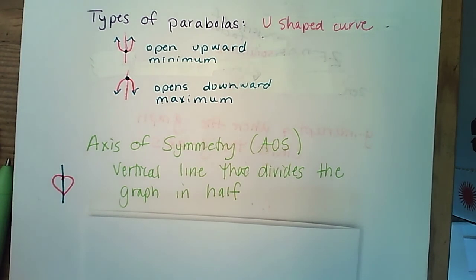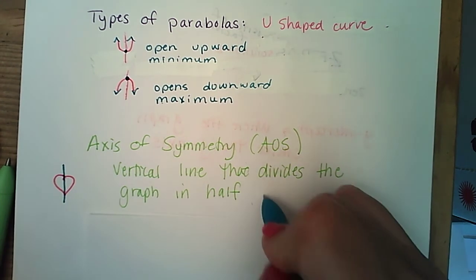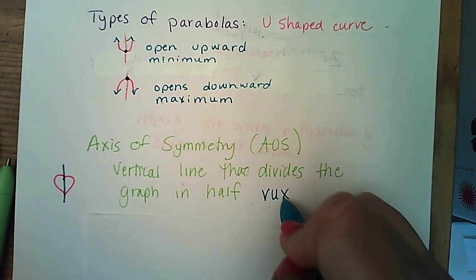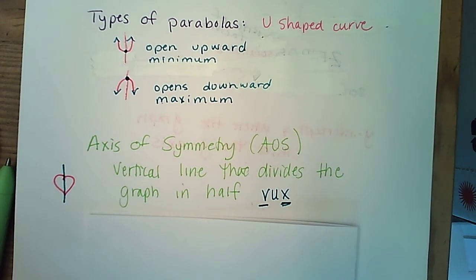The big deal about my axis of symmetry is it's always an equation. Just like I said, it's a vertical line. If you remember, vertical lines have an x equals equation.